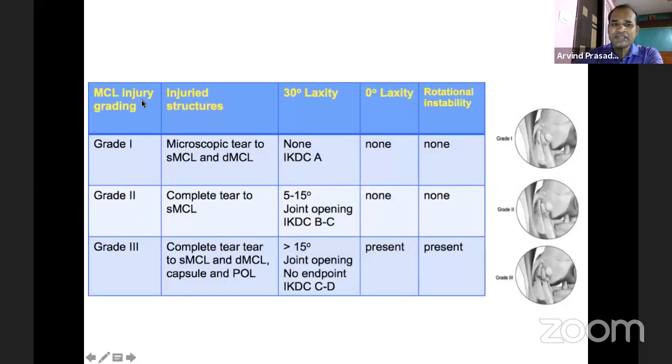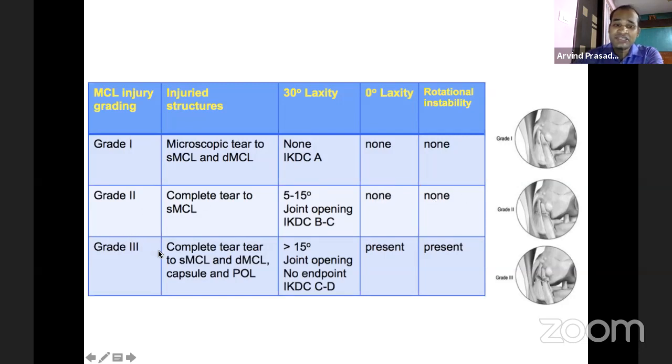So this is the grading given for MCL injury, with examination done at both 30 degree and 0 degree. At the same time, rotational instability, which nowadays has been in focus, is also checked. Grade 1 is only a microscopic tear, and the opening is hardly 5 millimeter. Grade 2 is where the superficial MCL is torn and the opening is only at 30 degree, not at 0 degree, and there is no rotational instability.